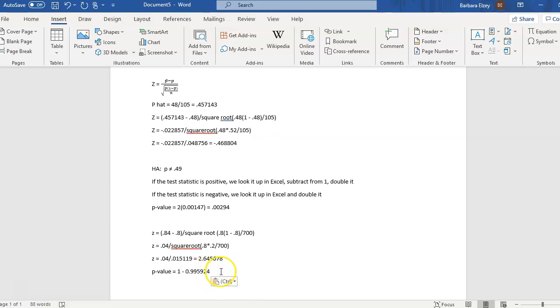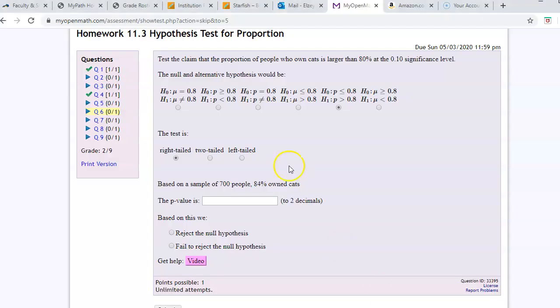There it is. And let's put that into our calculator. And that gives us 0.004076. Now I'm betting that we need to round our p-value to 4 decimal places, which will make this 0.0041. Let's go back and see. Oh, 2 decimal places.